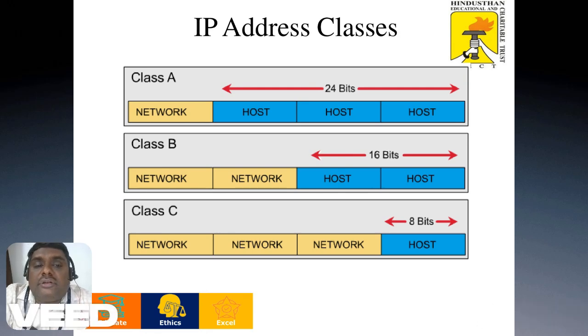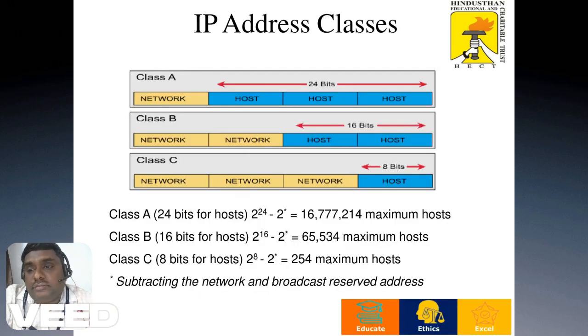In class A, 24 bits are host ID. In class B, 16 bits are network ID and 16 bits are host ID. In class C, only 8 bits are host ID.